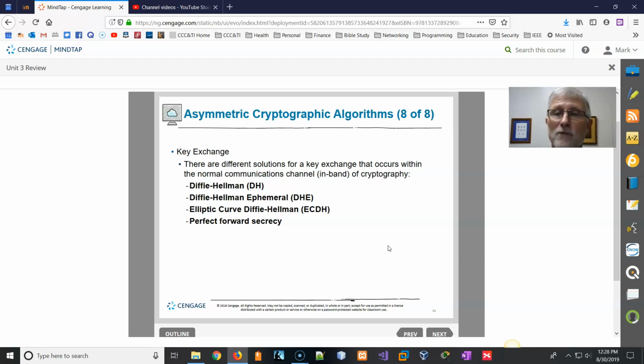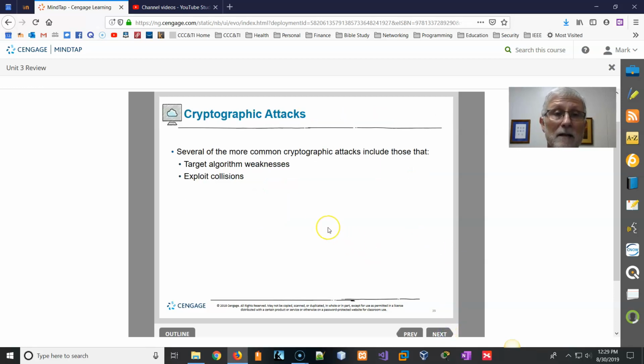The question is, there are different solutions for that key exchange. Under normal in-band, what can go across the network, you've got Diffie-Hellman, elliptic curve Diffie-Hellman, and perfect forward secrecy. All these are different types of how to exchange the key.